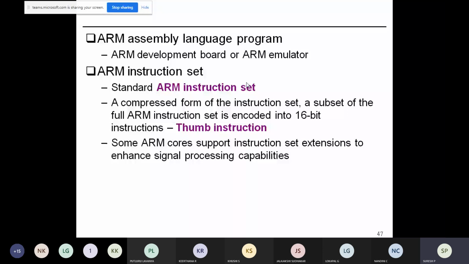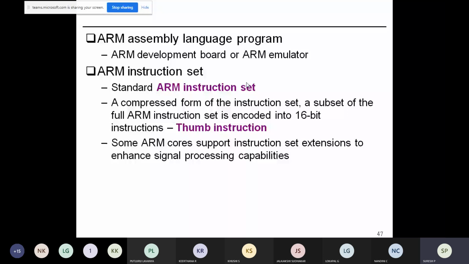So how many memory locations are required to store these 4 bytes, if one memory location stores 1 byte of data? Four, sir. Yes. So each instruction is going to occupy 4 bytes.